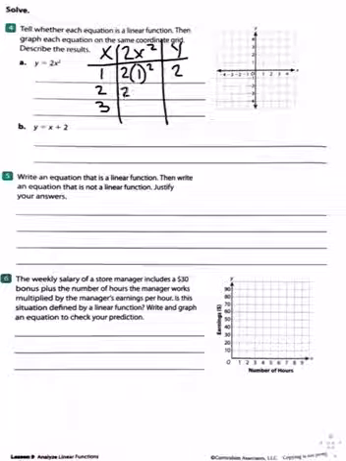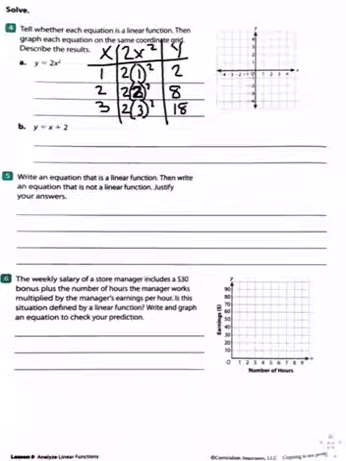The next one, 2 times 2 squared. 2 squared is 4. 4 times 2 is 8. And the last one, 2 times 3 squared. 3 squared is 9. 2 times 9 is 18. So when I solve this, I get 1 and 2, 2 and 8, and 3 and 18.